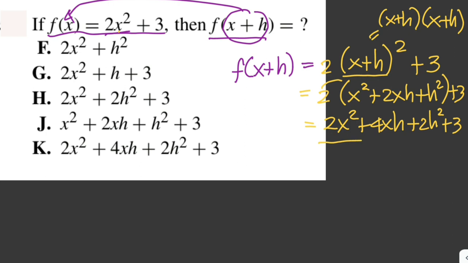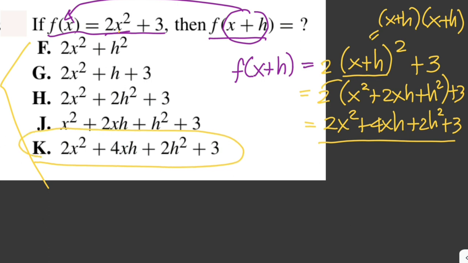Well, we cannot further simplify this, and there are no terms to group. So let's check on our choices here. We have 2x squared plus 4xh plus 2h squared plus 3. So the answer is letter K.